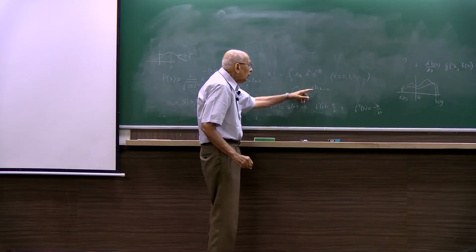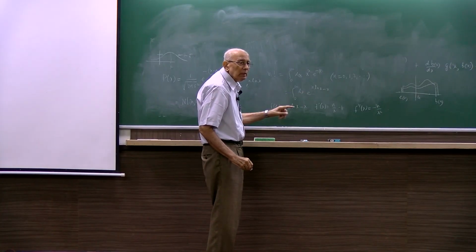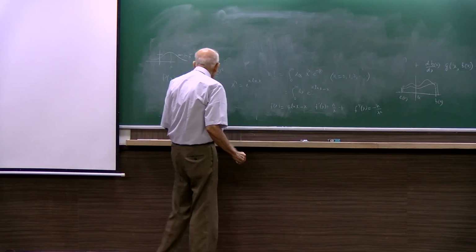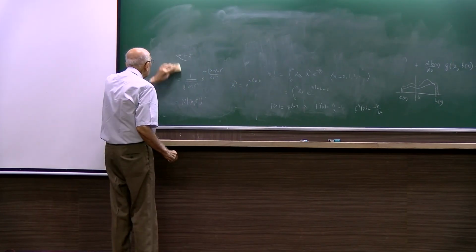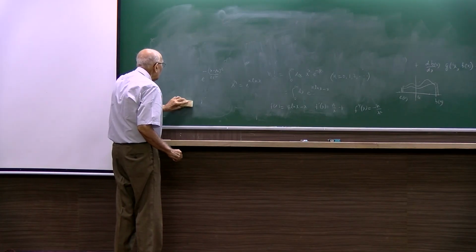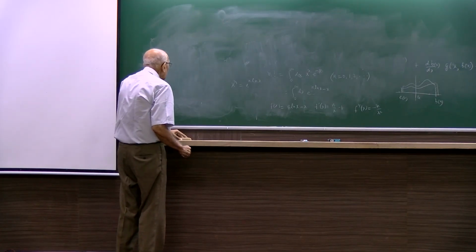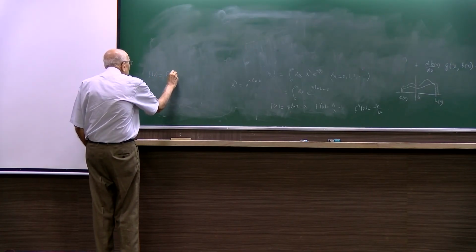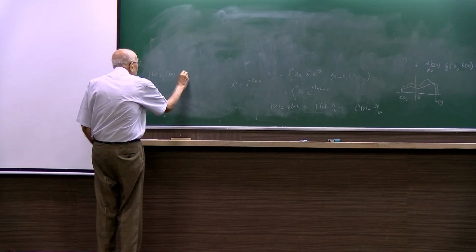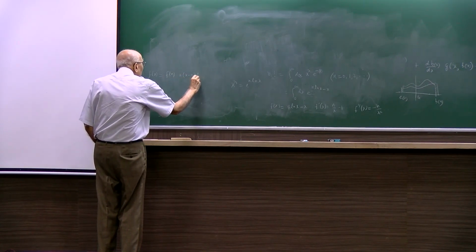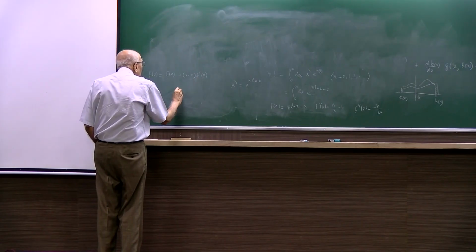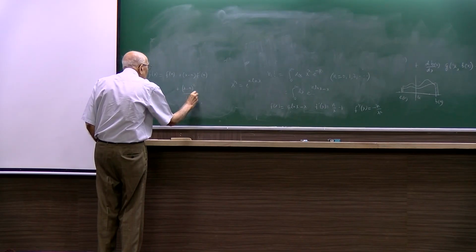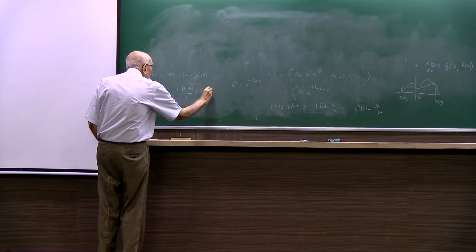Now let me do a Taylor expansion of this function about x equal to the maximum. Are you familiar with Taylor's theorem? So I'm going to write f of x as equal to f of n plus x minus n times f prime of n plus x minus n the whole squared over 2 factorial times f double prime of n plus dot dot dot.